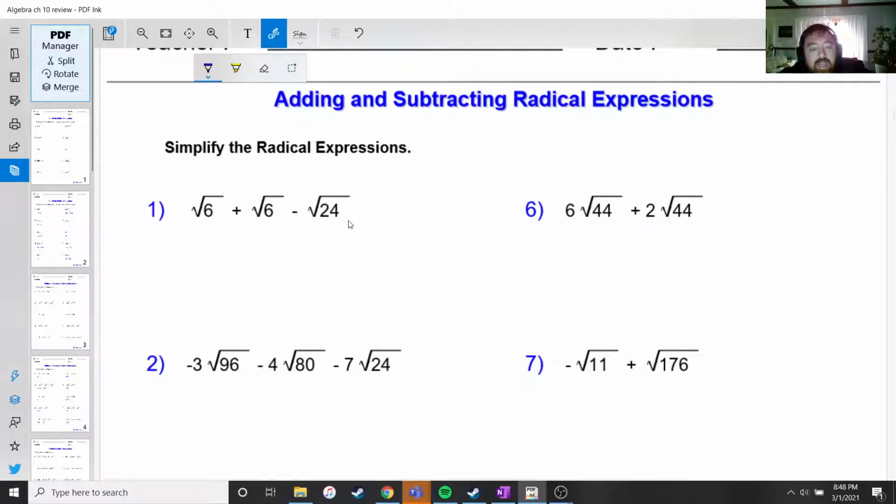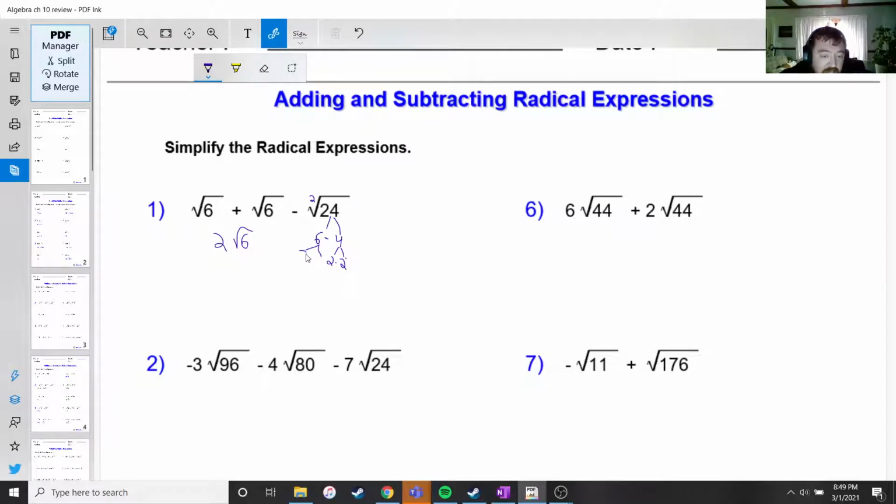If we wanted to add and subtract radical expressions, what we want to see is if they have the exact same base. So square root of 6 plus the square root of 6 is going to give us 2 times the square root of 6. Now what about this? 24, and remember the square root is the same as having a 2 up there. So 24 is 6 times 4, and 4 is going to be 2 times 2, right?